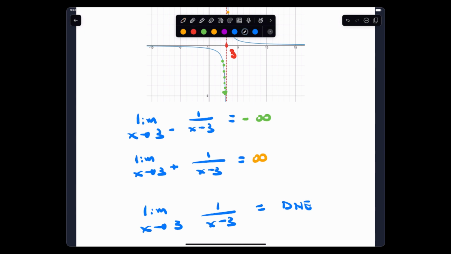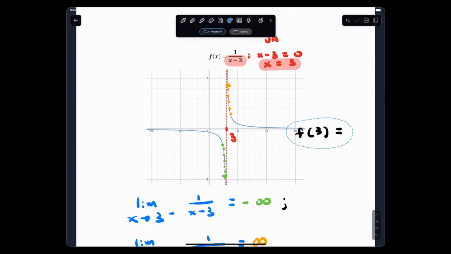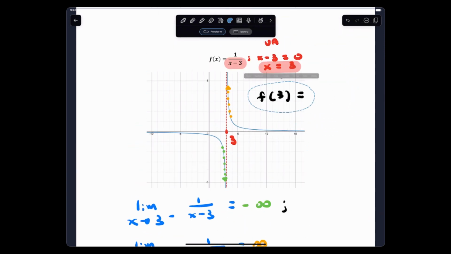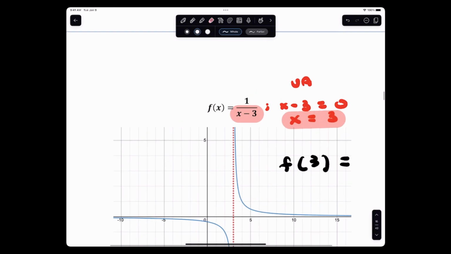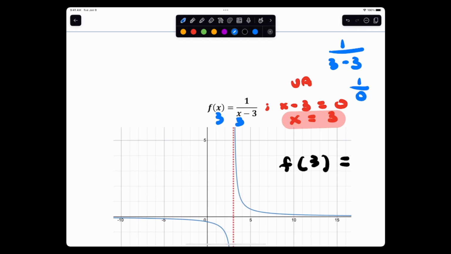If they ask you now, what's the value of the function, what's f of 3? They want to know functional evaluation at 3 now. They're not talking about your approach, your left-handed approach, or your right-handed approach. What's the value of the function at 3? If you plug it in, you get 1 over what? 3 minus 3, which is 1 over 0.